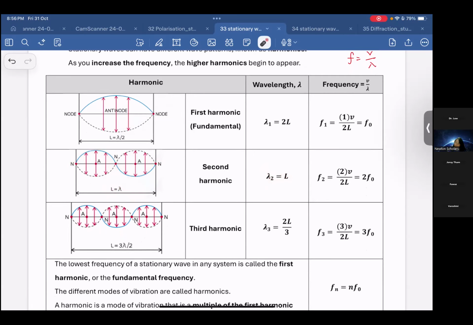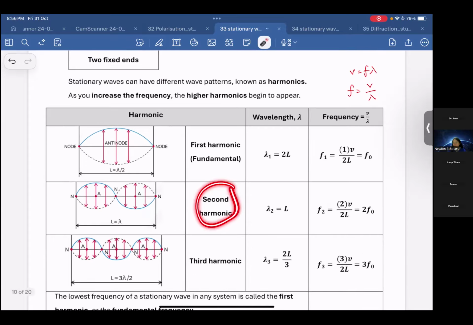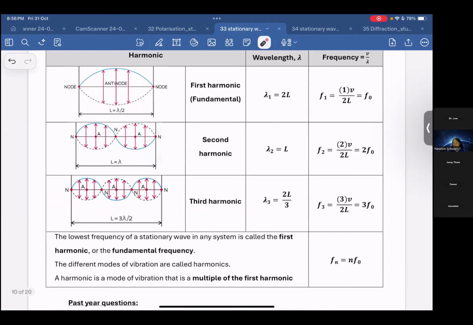If we do substitution here, V over L, then I compare with the first one, how many fundamental frequencies? At the end, I found out that when we go to the second harmonic, it's double your f0. Exactly double, 2f0.